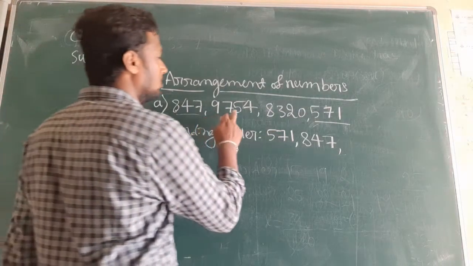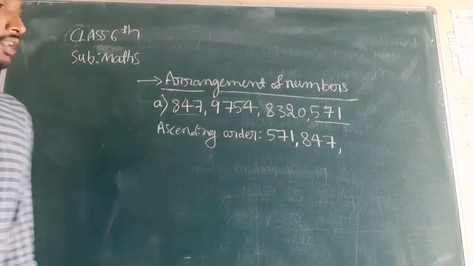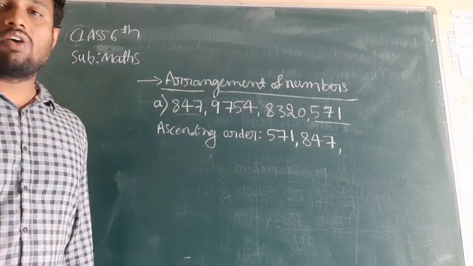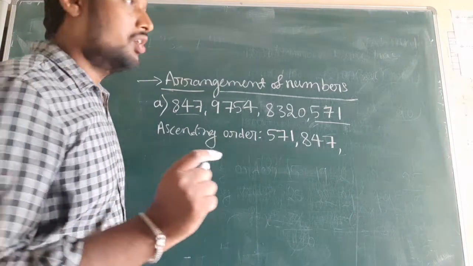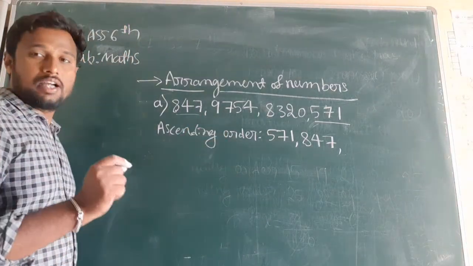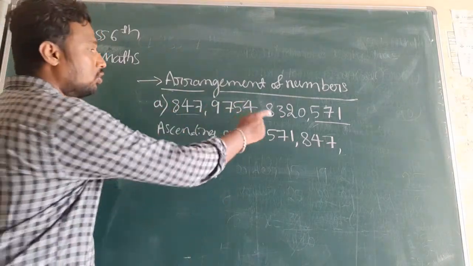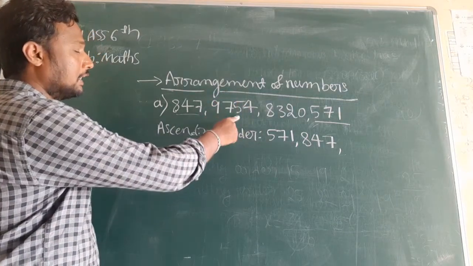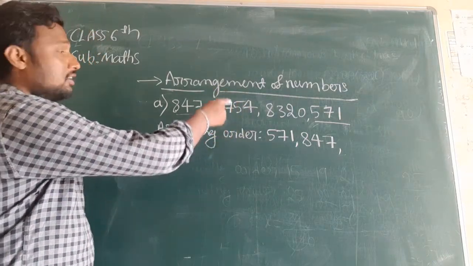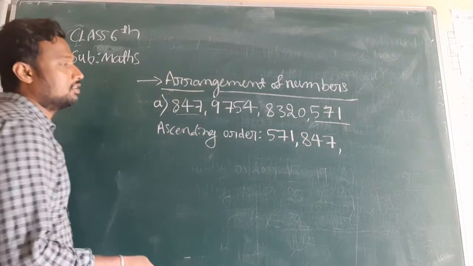One is 9,754 and one more is 8,320. So now how will you compare this? While comparing, as I told you, always compare the highest position value. Here what is the highest position? Thousands, because 4 digits are there: units place, tens place, hundreds place and thousands place. So we will compare thousands place numbers here.